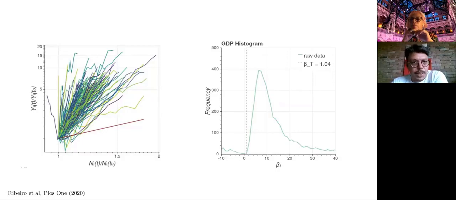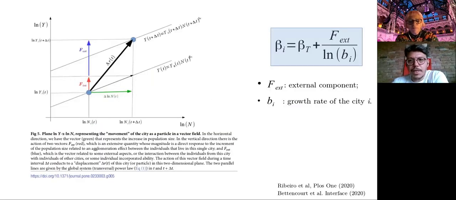But what happened? The idea here is to try to understand the movement of the city in the phase plane, with x being N, the population, and A, the socioeconomic output.